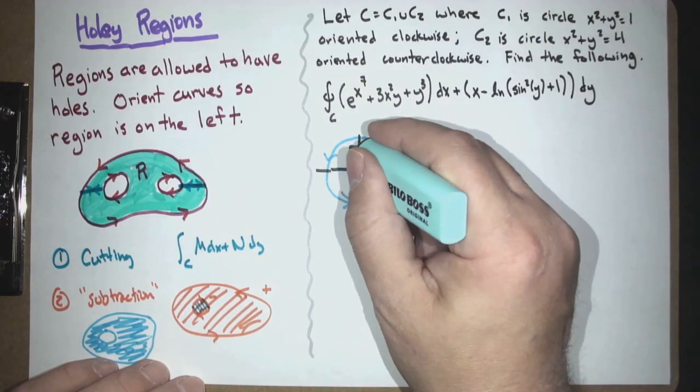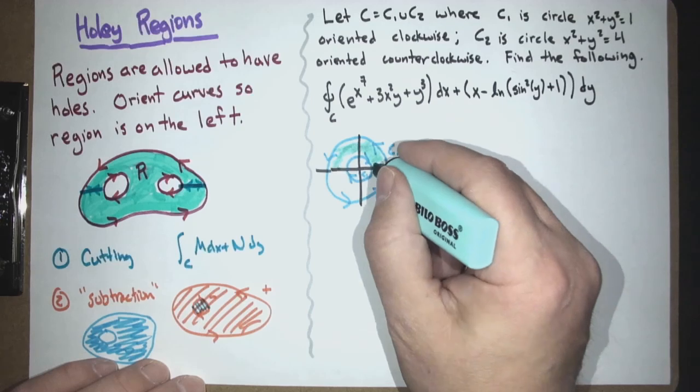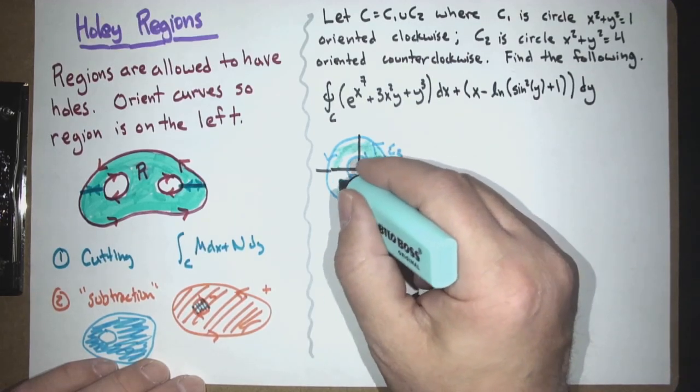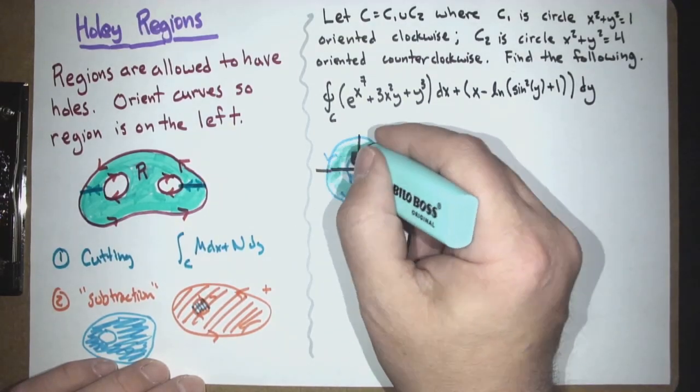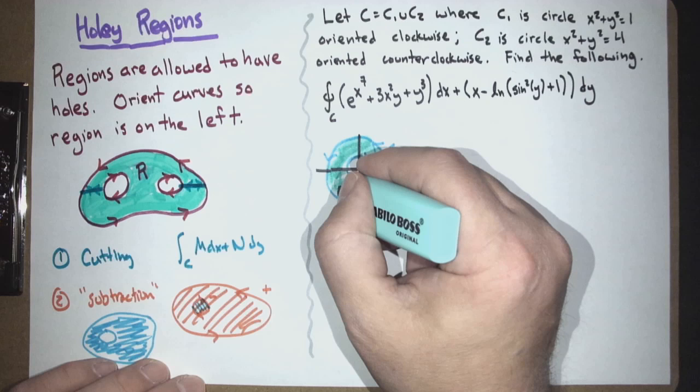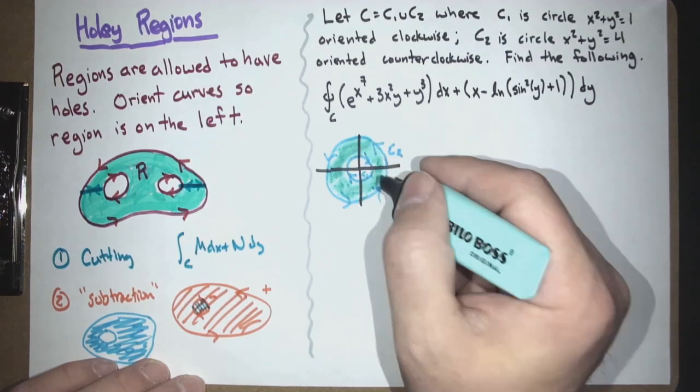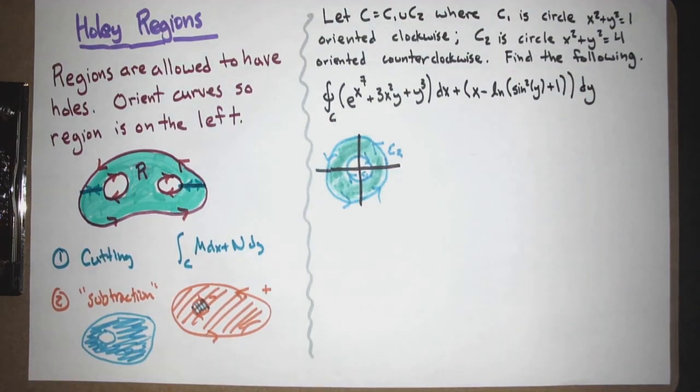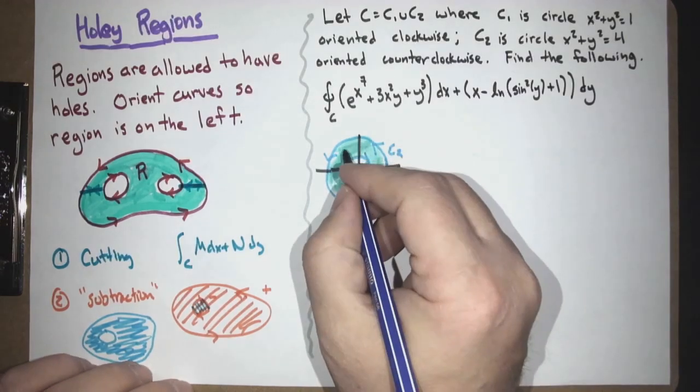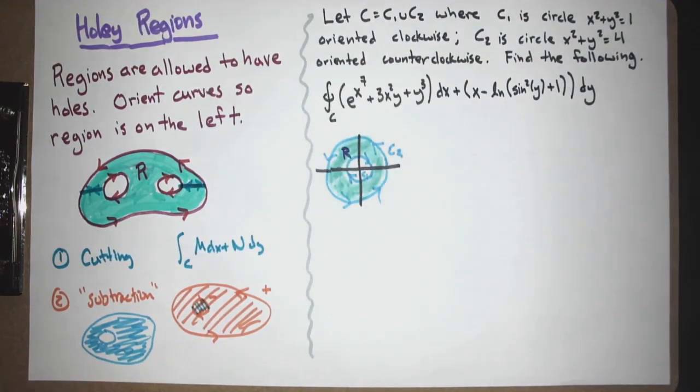I can fill in, and what I really have is a flat donut. If I wanted to sound fancy, I could say an annulus. So I can think of my region as this shape here.